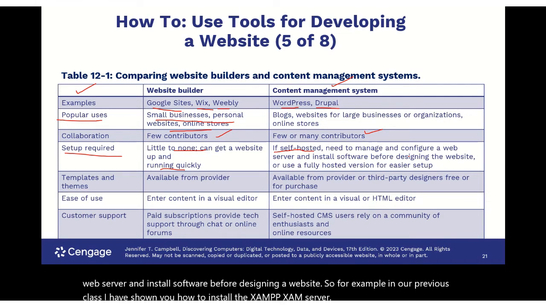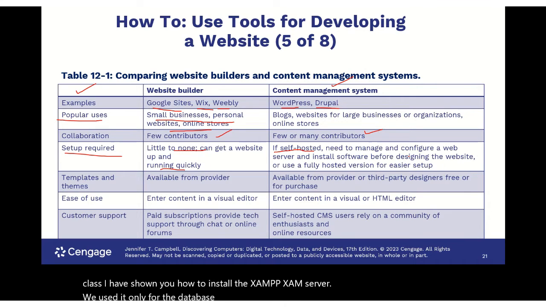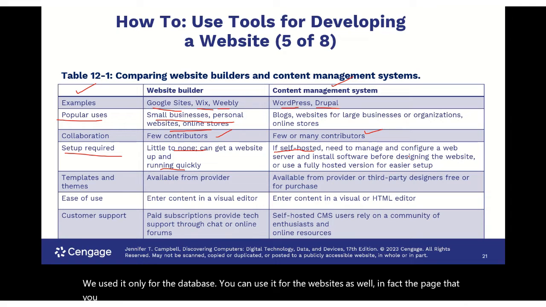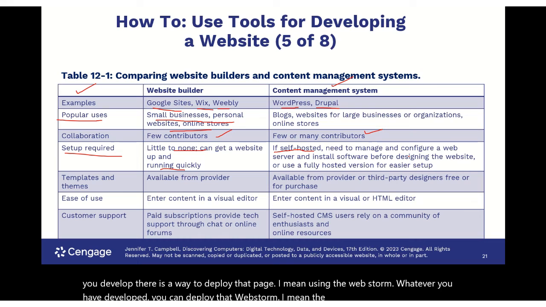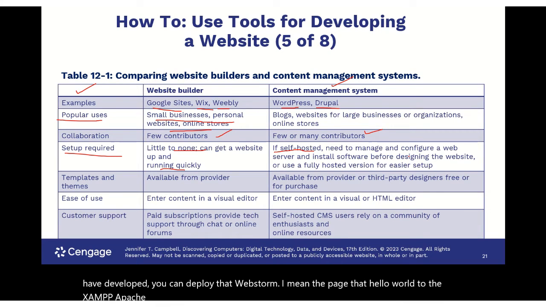We used it only for the database, but you can use it for websites as well. In fact, using WebStorm, whatever page you have developed, like the hello world page, you can deploy to the XAMPP Apache server and view the page over the Apache server.